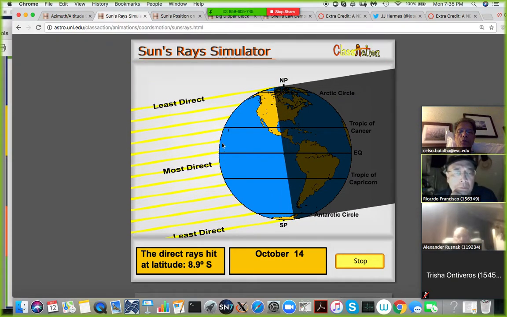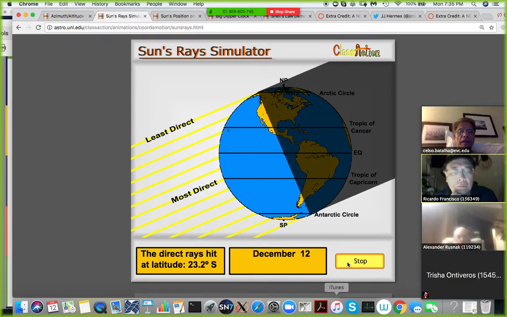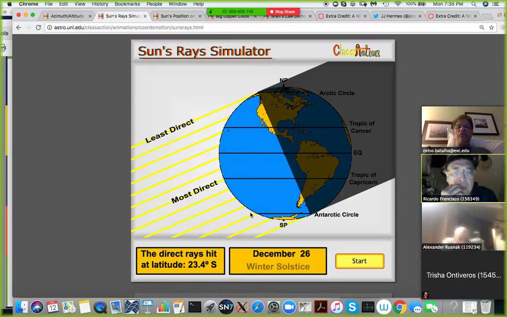And as you go towards winter, we pass the fall equinox, but when we get to winter right now, the sun is shining on the northern hemisphere, as you can see right here, with a very low angle. So what does it mean? Well, if you look at the southern hemisphere, the sun is shining more directly over the surface. It means that more energy of the sun is being concentrated per square inch.